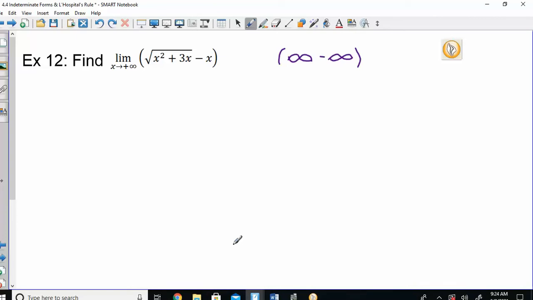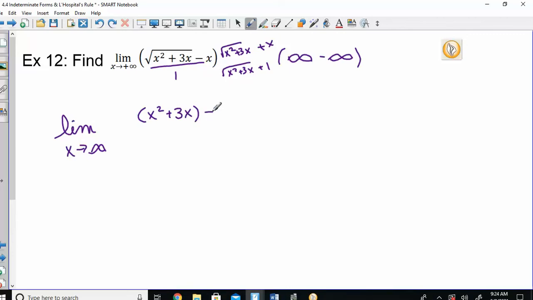What's a strategy we've used in the past when we had problems involving radicals? Multiply by the conjugate. So this is over 1. The conjugate would be radical x squared plus 3x plus x. And we're going to multiply that on top and bottom. So I get the limit as x approaches infinity, and I multiply those two, the radicals drop.